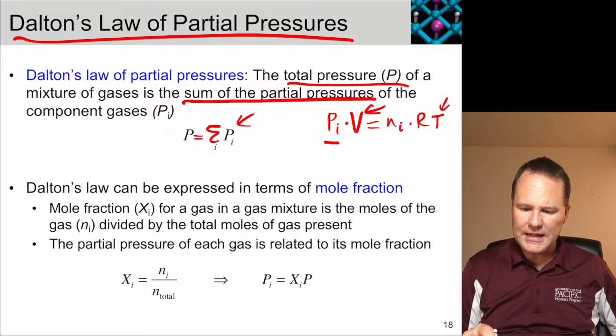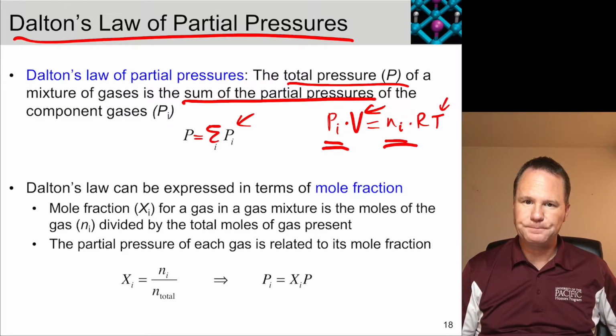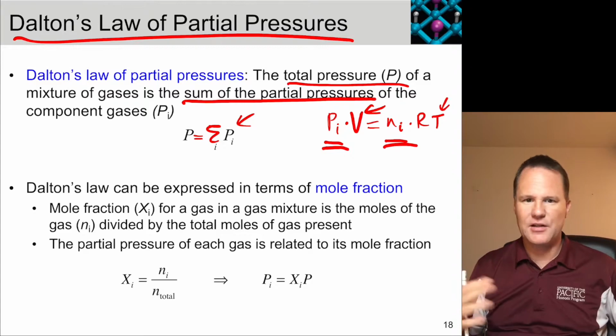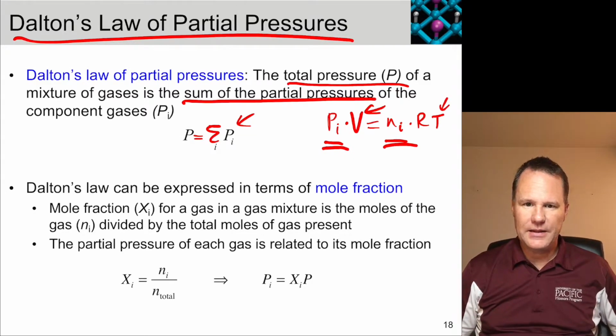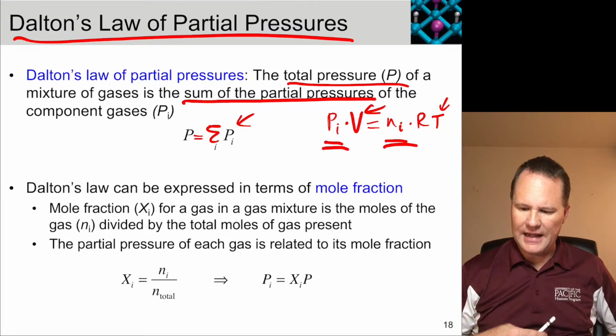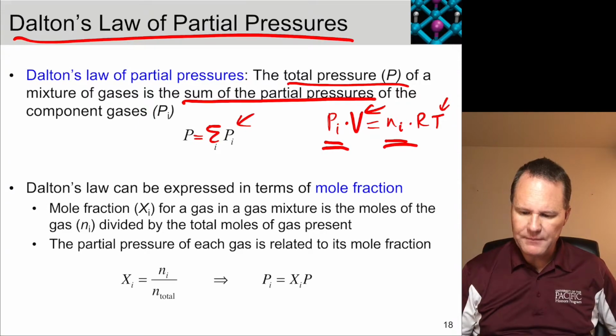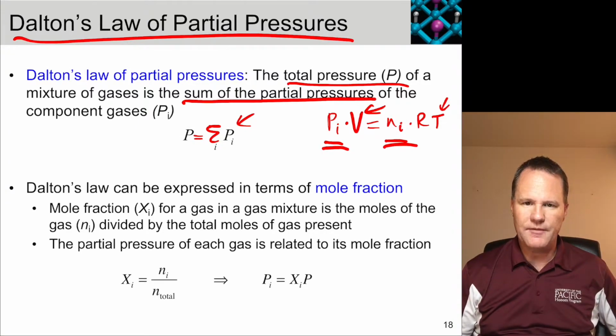And so each partial pressure will be proportional to the number of moles, right? We've seen this is coming from the ideal gas law simply. And so what we can say is that the individual partial pressures come from how many moles of that component you have over the total moles.